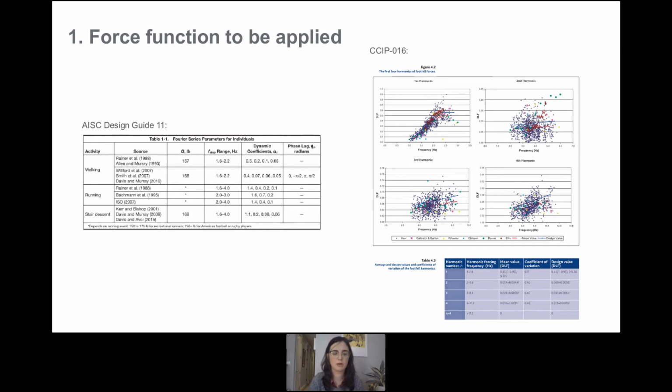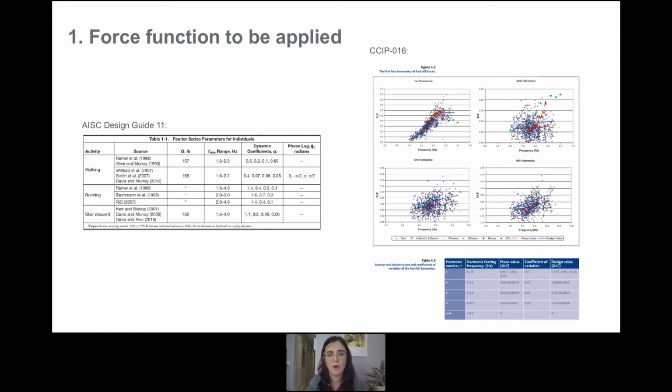There are also ranges of what is possible. Both the AISC Design Guide 11, which is the American Institute of Steel Construction, as well as the CCIP, which is the Cement and Concrete Institute publication out in the UK, give you a good idea that there's a very large range of the frequencies that are possible.